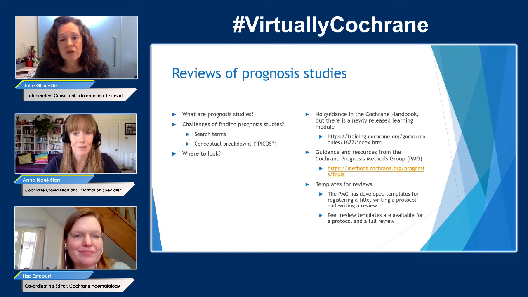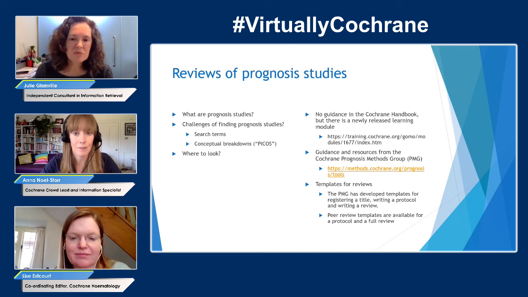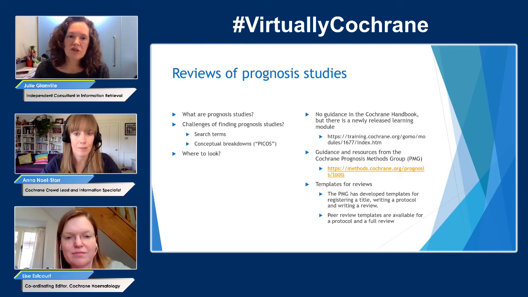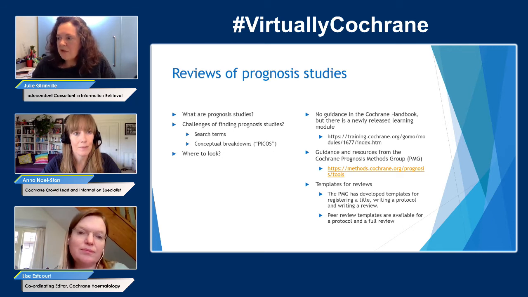There are also guidance and resources on the Cochrane Prognosis Methods group pages, and the link is there. And Cochrane has produced some templates for reviews, and I think Anna and Lise will be able to comment on them a bit later on. There are templates for registering a title, writing a protocol, and writing a review. And there are peer review templates as well.